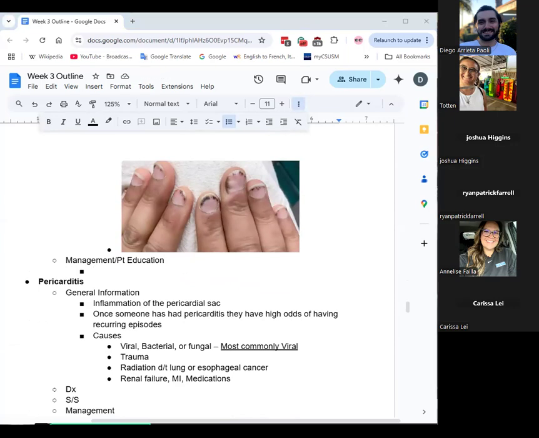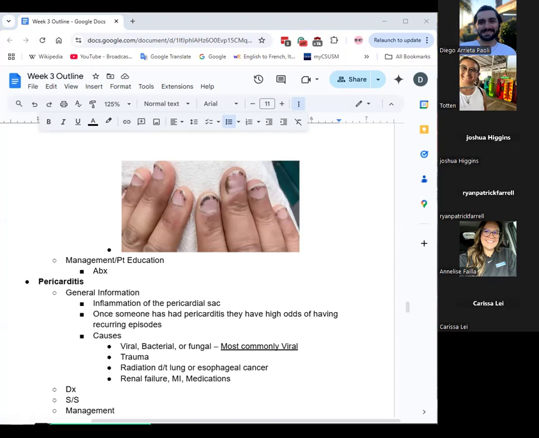Antibiotics. This is going to be the main treatment if it's caught early enough. The patient might have to go home on a PICC line with home health.